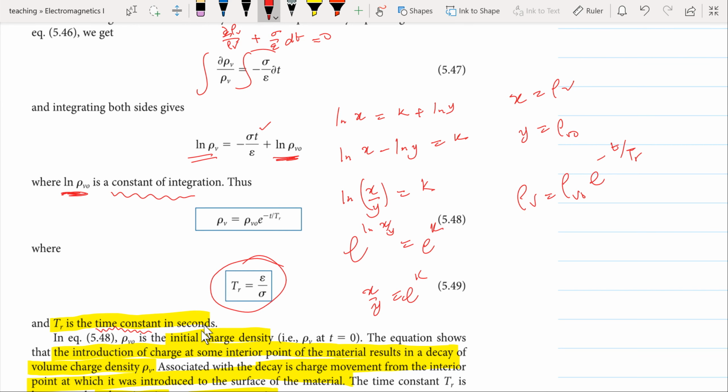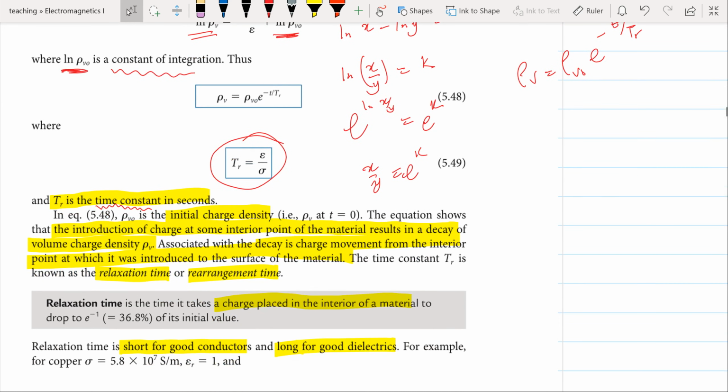So that is a very important realization, because it defines for us what is called relaxation time. And before we talk about that, we say that rho v naught is the initial charge density. So we talked about when you have a volume here and you introduce some charge inside the volume, and there is something that this equation tells us.